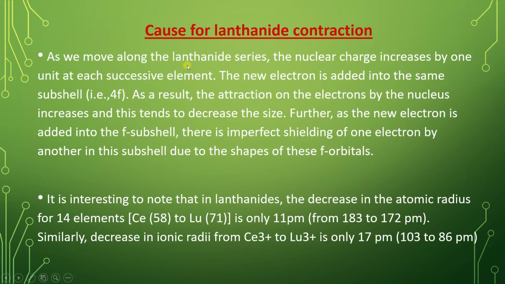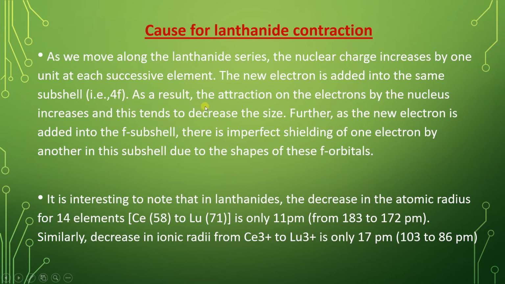So next, cause for lanthanide contraction. This is also very important. As we move along the lanthanide series, the nuclear charge increases by 1 unit at each successive element. The new electron is added into the same subshell, that is 4f.